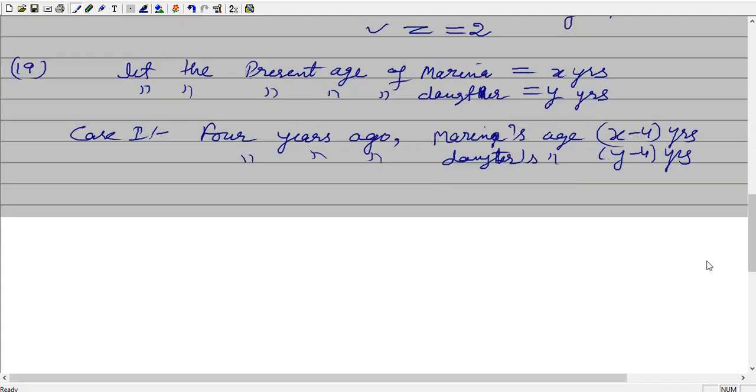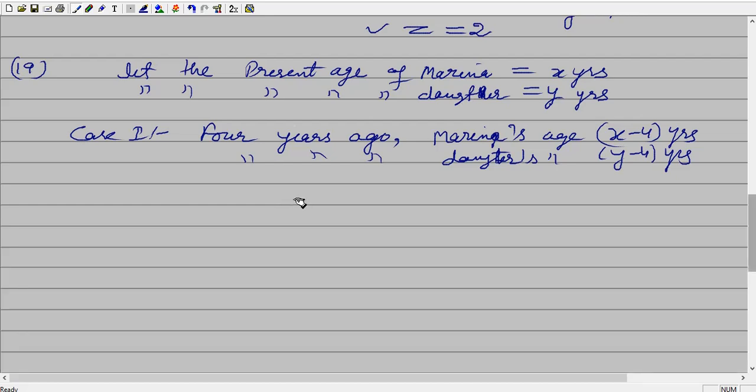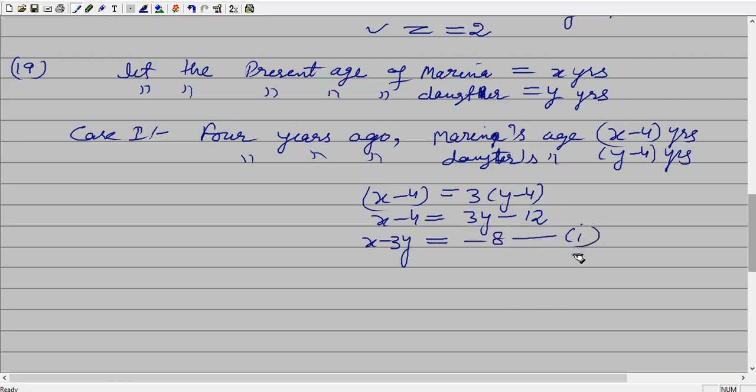Now make the equation. 4 years ago Marina was 3 times as old as her daughter, means X minus 4 equals 3 into Y minus 4. Simplify the equation and you can say X minus 3Y equals minus 8, equation number 1.